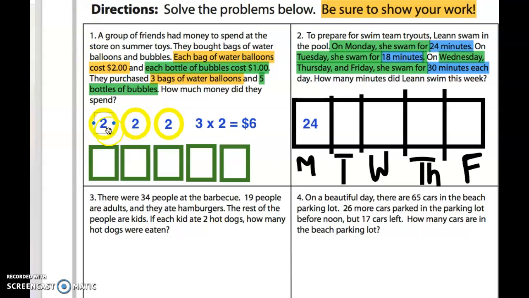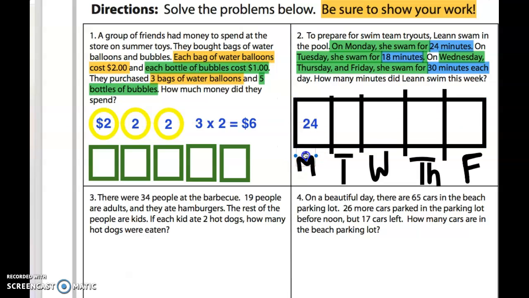And again, this isn't my final answer, but you can always put a dollar sign in each of those if that helps your brain. So $6 on water balloons, but I'm not done because now I need to do bubbles. Each bottle of bubbles costs $1. Ooh, that's nice and easy. So I'm just going to put 1. Move my box.